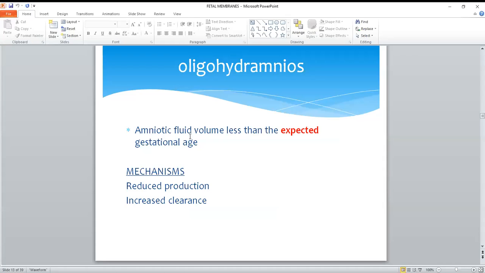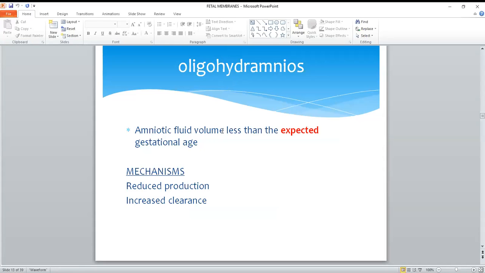So another clinical aspect is oligohydramnios. Oligohydramnios is when the amniotic fluid volume is less than expected for the gestational age. What are the mechanisms of oligohydramnios? We can have reduced production, meaning the sources of amniotic fluid are not producing enough.